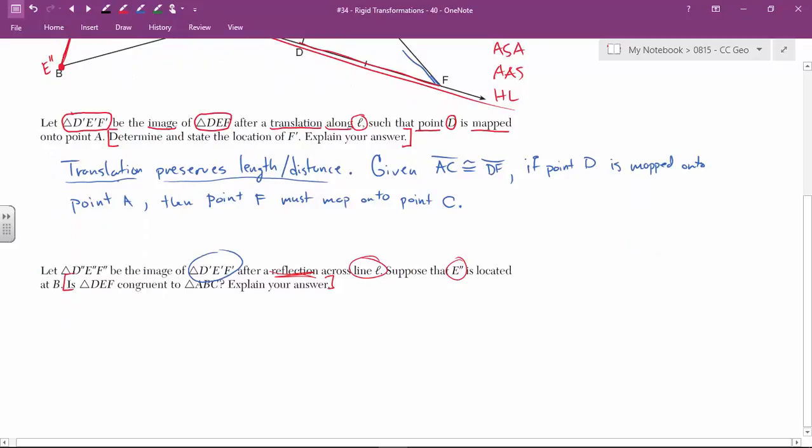So you can say, yes, triangle DEF is congruent to triangle ABC. I'm literally just rewriting what they're saying, and now I need to explain.